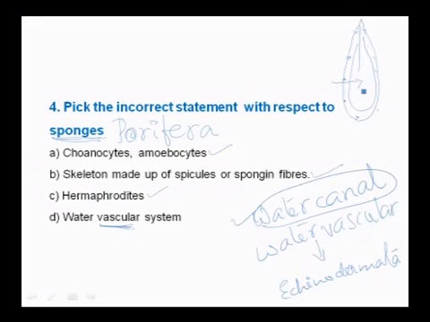That's why it is called water canal system. Whereas if you see it in case of echinodermata, you can see that it has got a series of canal system in this manner, which is interconnected. So it is called water vascular system. So water vascular system does not belong to porifera. That's why the right answer is D.